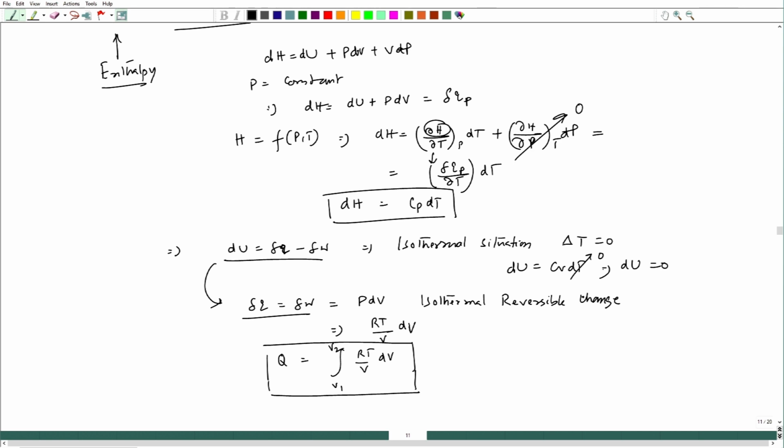This gives me the total heat that is absorbed by the system from the surroundings and needs to be converted to work. And you see, since it is a reversible process, the entire heat that comes in from the surroundings goes to work. So, there is no loss of work. At least in the reversible case, I could see that the entire heat goes to work, but there will be situations when it is irreversible, and in the irreversible case, we will see that there will be some loss of work.